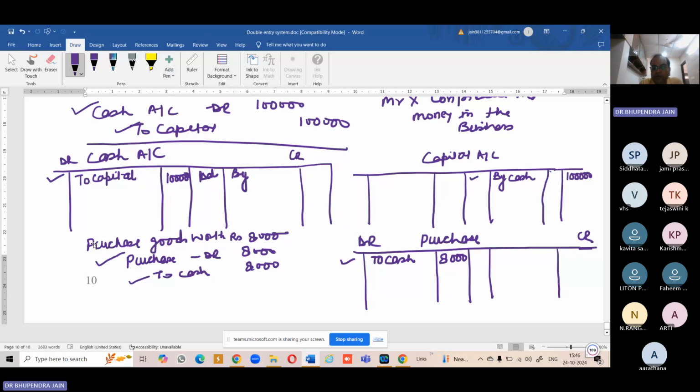In the cash account, we record the entry with the opposite side name, and the opposite side name is purchase. In the cash account, cash is given in the credit side, so we have to post it in the credit side with the opposite side name. And the amount is kitna? 8,000.